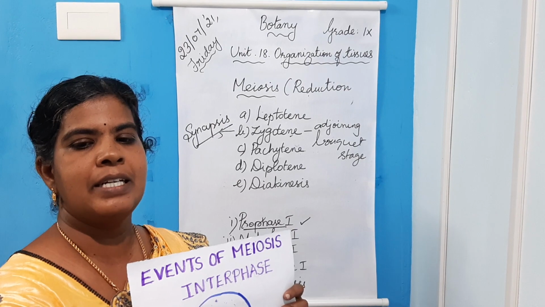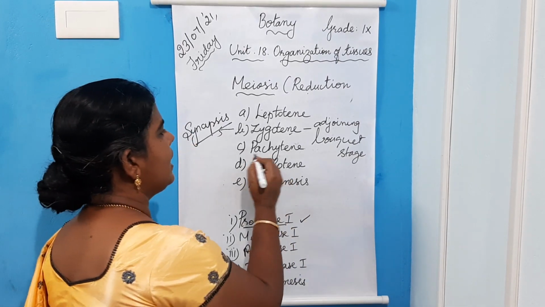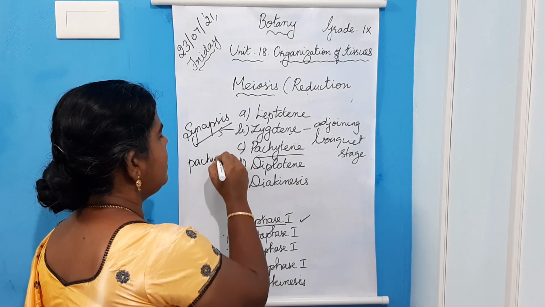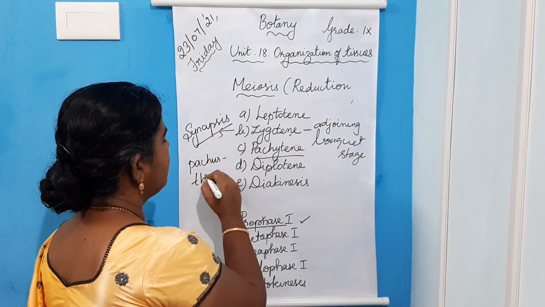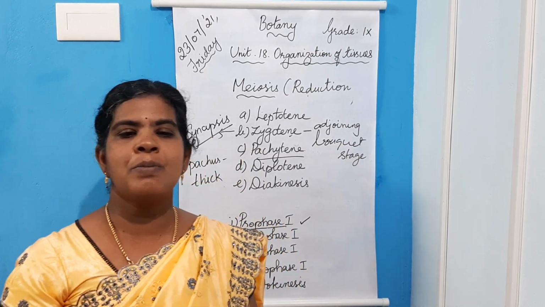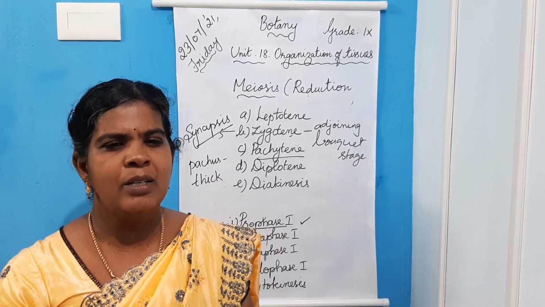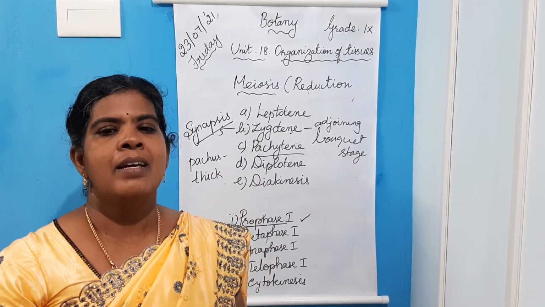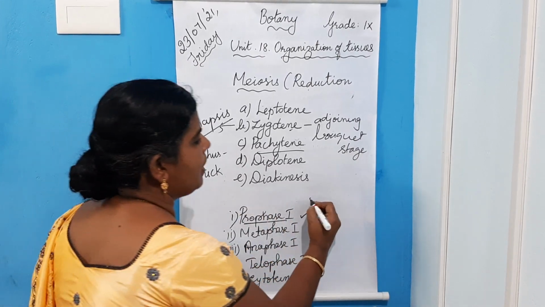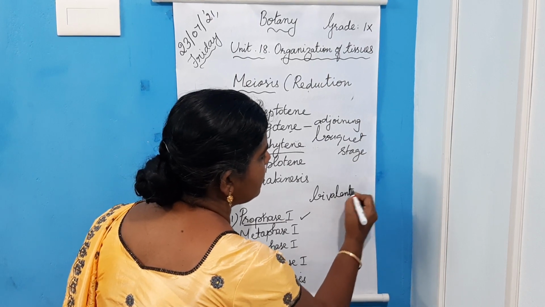So then what is the next phase? That is pachytene. Pachus means thick. In the pachytene stage, the chromosomes are visible as long paired twisted threads. These pairs are called bivalents. Bi means two, isn't it?